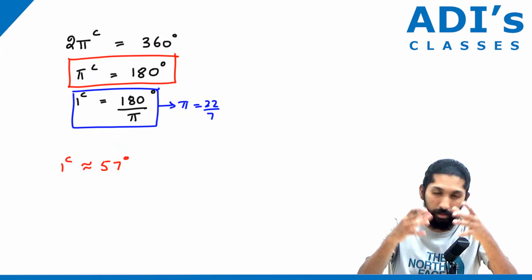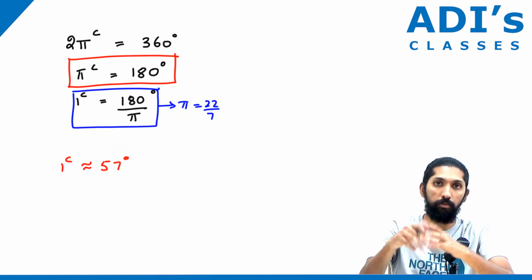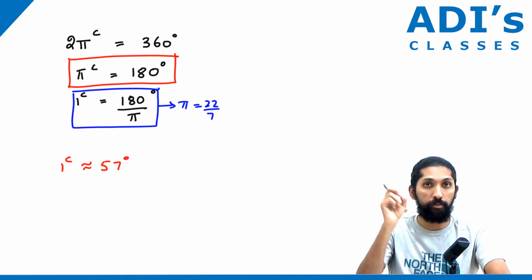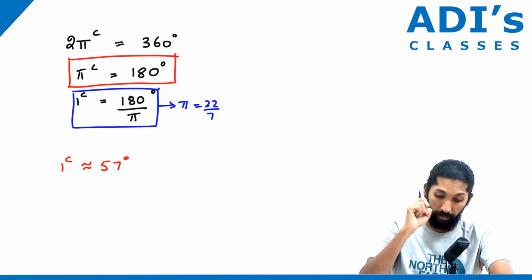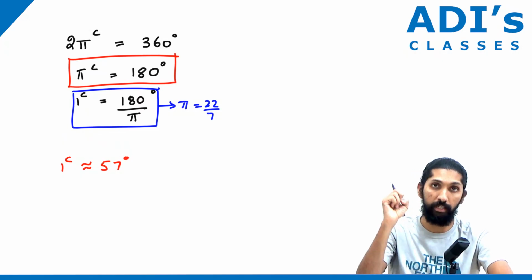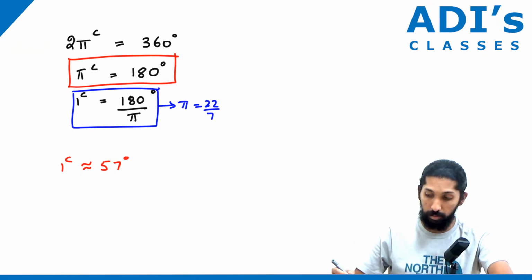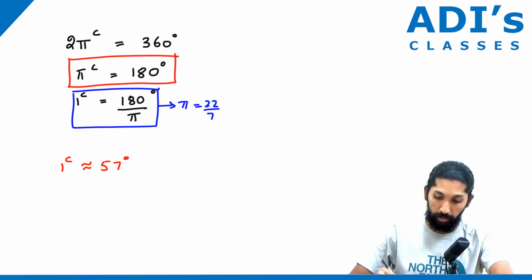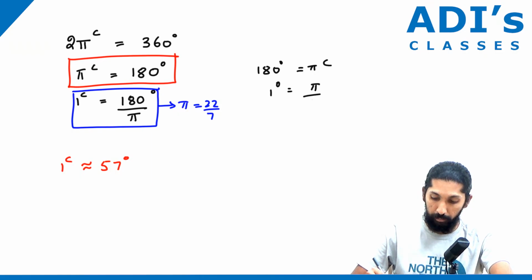Anyway, that is not much of an important, to be honest. Conversions are more important. So pi radian is 180 degree, or 1 radian is equal to 180 divided by pi degree. The other way around is also possible: 180 degree is equal to pi radian, so 1 degree is equal to pi by 180 radian.